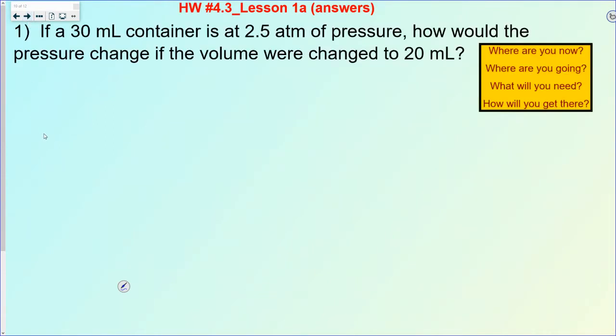If a 30 milliliter container is at 2.5 atmospheres of pressure, how would the pressure change if the volume were changed to 20 milliliters? First question is, where are you now? So what you need to do is read the question and then pull out the quantitative information that it has in there. What are the numbers? And assign variables to them. We can see that we have volume and pressure here listed.